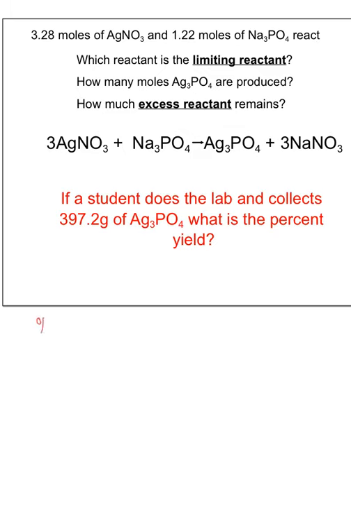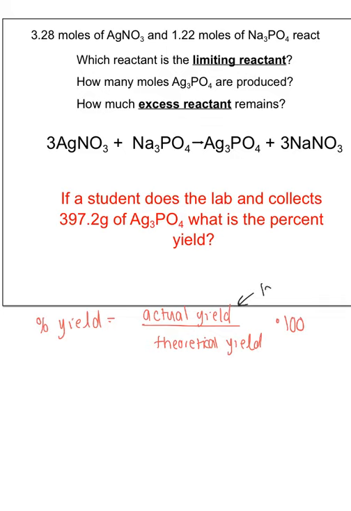So percent yield is equal to the actual yield divided by the theoretical yield. And we multiply that by 100 to make it a nice percent. So when I say actual yield, I'm talking about what he collected in lab. Theoretical yield is the answer from stoichiometry.